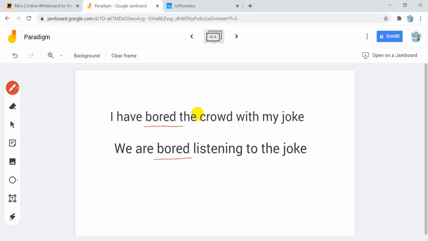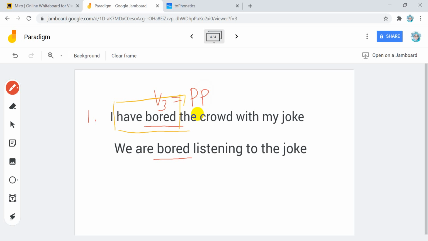But if we look carefully, in the first one, I have bored the crowd with my joke, this part is the verb. So bored here is a past participle, or we call it verb 3.